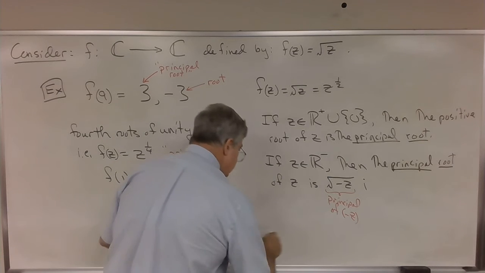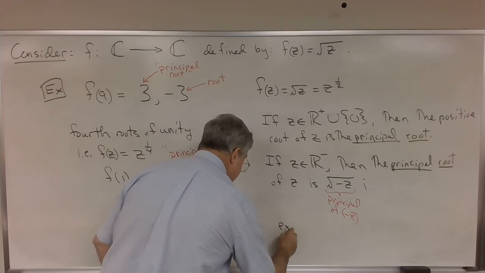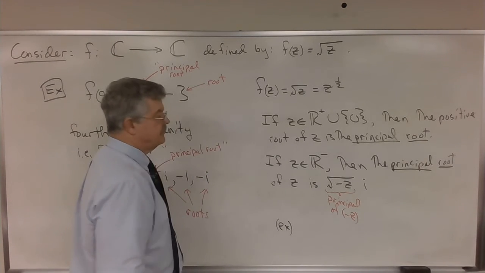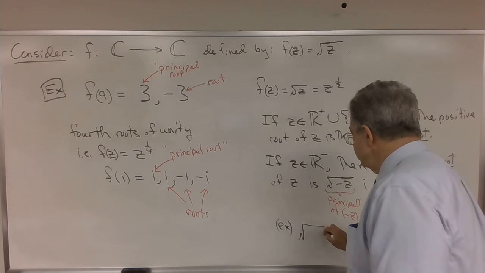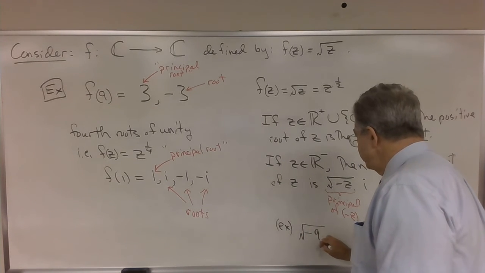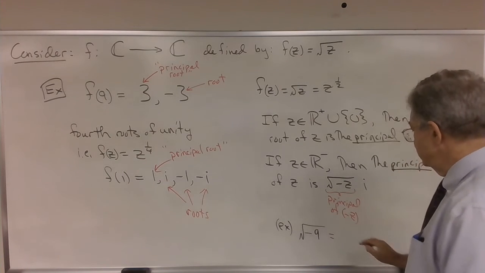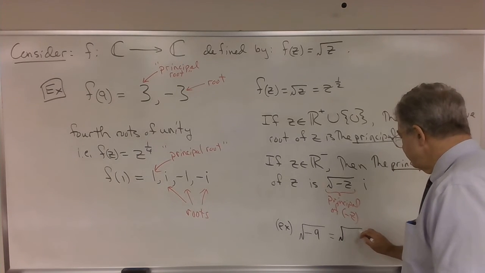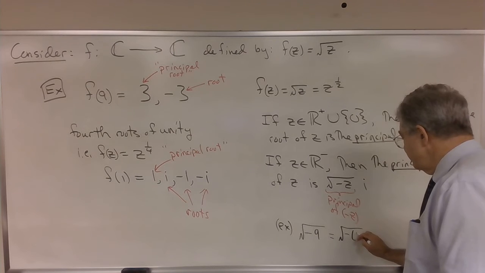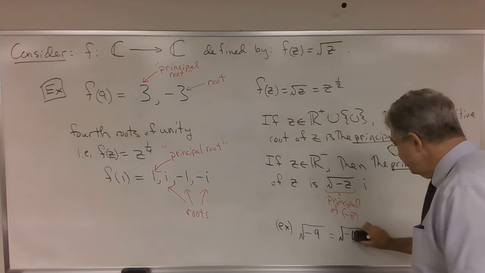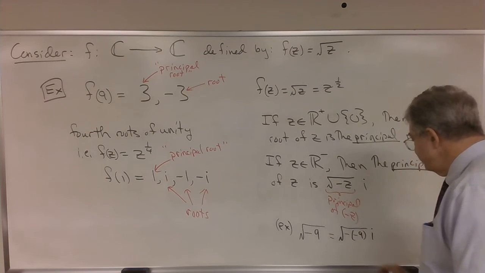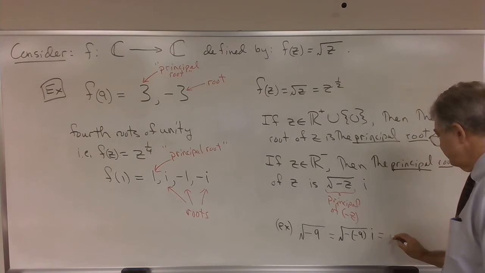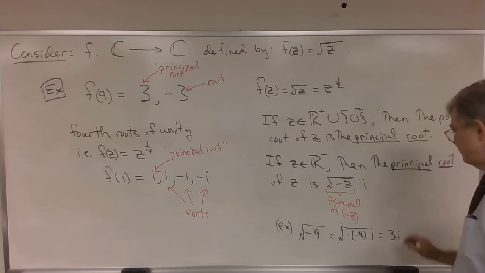So for example, the square root of negative 9 is equal to the square root of 9 times i, or 3i.